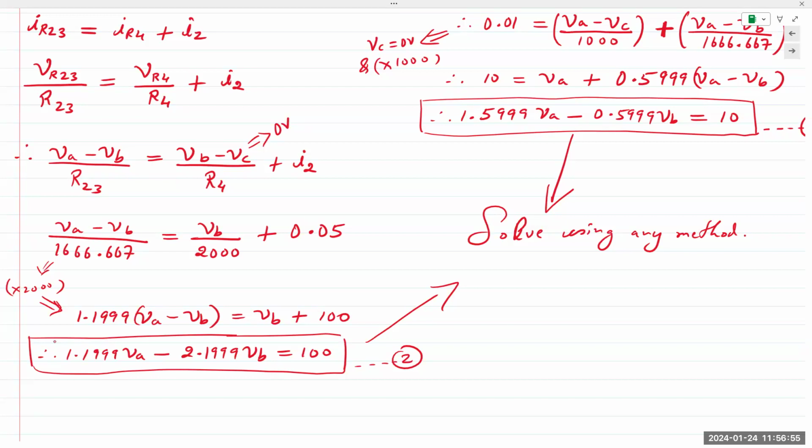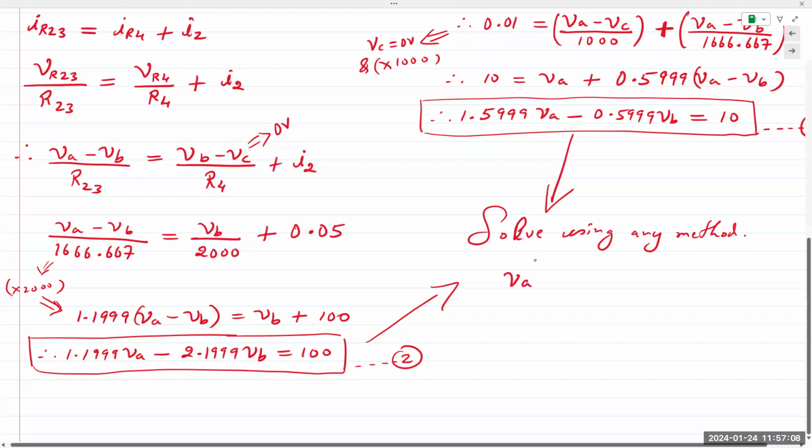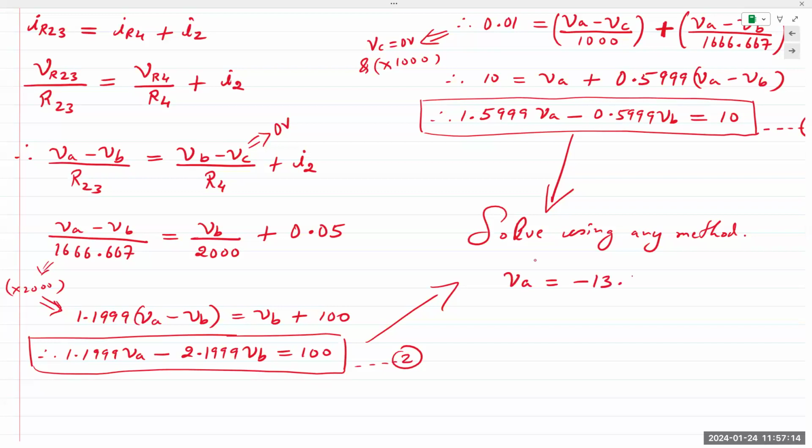So again, when we solved this, what did we obtain? If you are online or in class and have a calculator, go ahead and solve these. I think we get VA is minus 13.569 volts, and VB is minus 52.857 volts. Very interesting numbers.